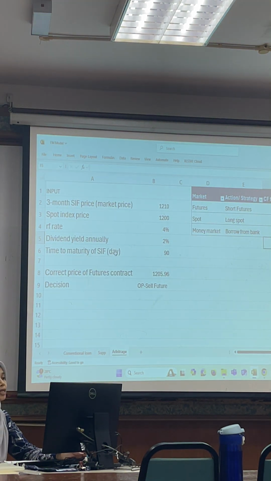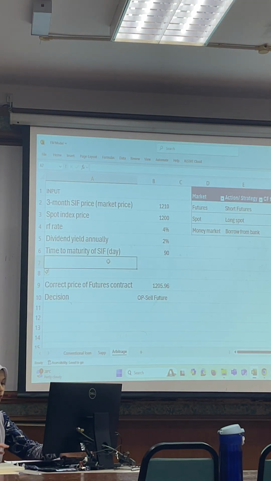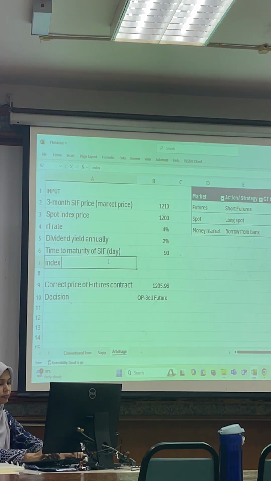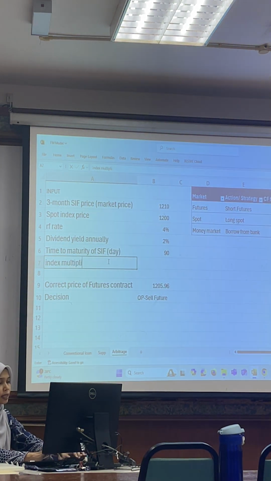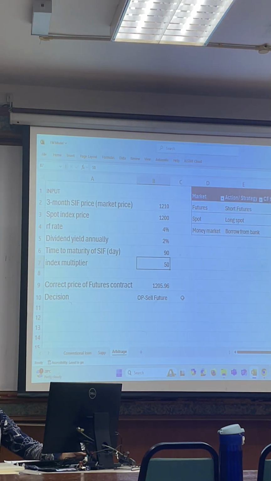Remember, this is a stock index future. There is another component here that you need to input: the index multiplier. In Malaysia, the index multiplier is 50 ringgit. How do I get this index multiplier? You need to refer to the contract specification.